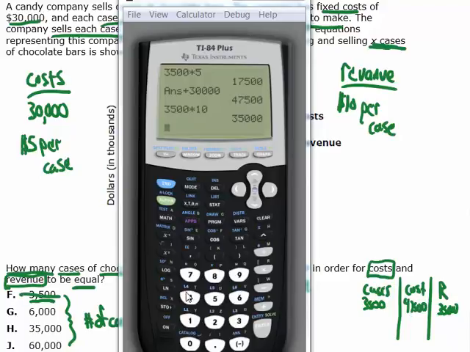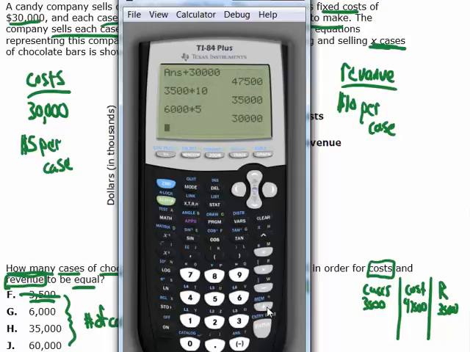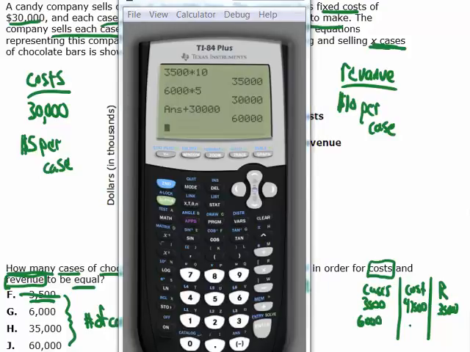Let's try 6,000. So 6,000 times 5, because it costs $5 per case, plus $30,000 fixed costs. So for 6,000 cases, it costs $60,000.